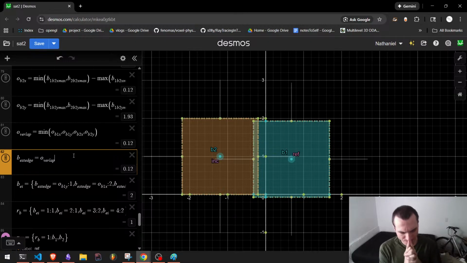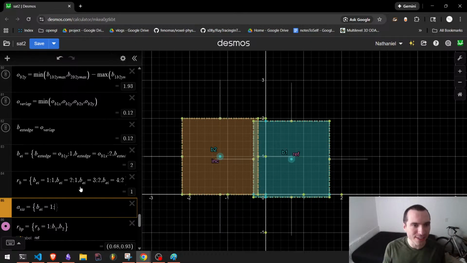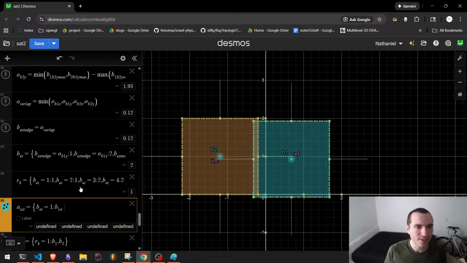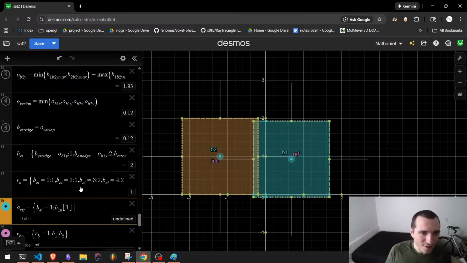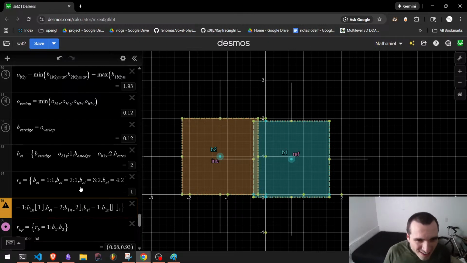We're going to find the axis, and that'll represent the best edge to separate on. So this will be another piecewise function. We'll do best edge index. If it equals 1, then we're going to take the y from the B1 normals, the x from the B1 normals if it's 2. Same thing here, but we'll take box 2.